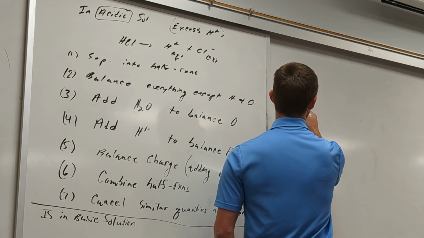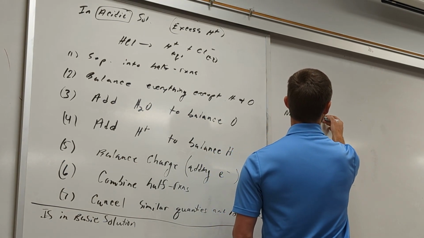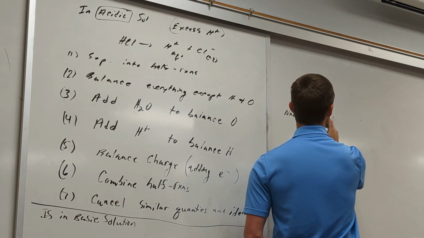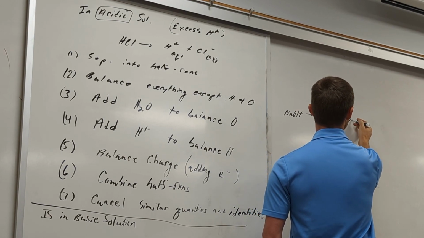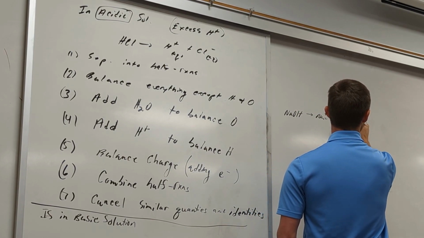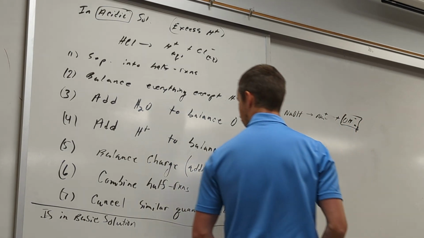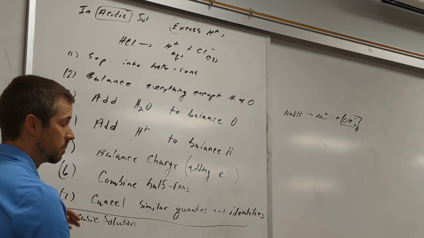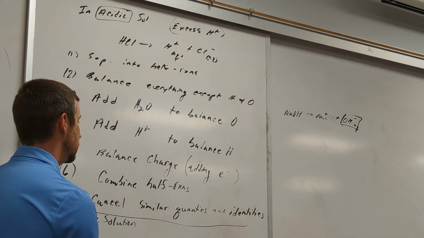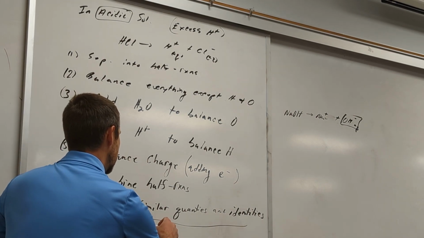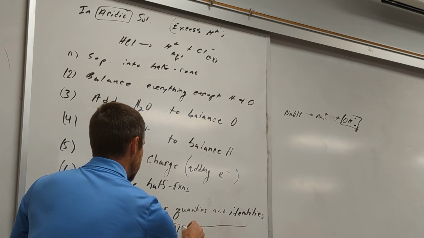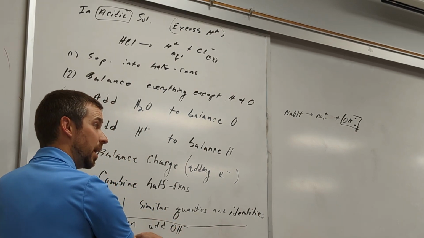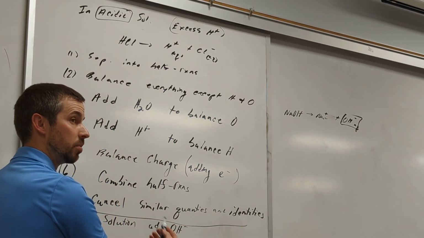So something like, you don't need to write this down, sodium hydroxide dissociates into its respective ions. This is the basic component. All right, so in basic solutions, do all this, but then at the very end, go ahead and add hydroxide ion to balance the hydrogen ion present.